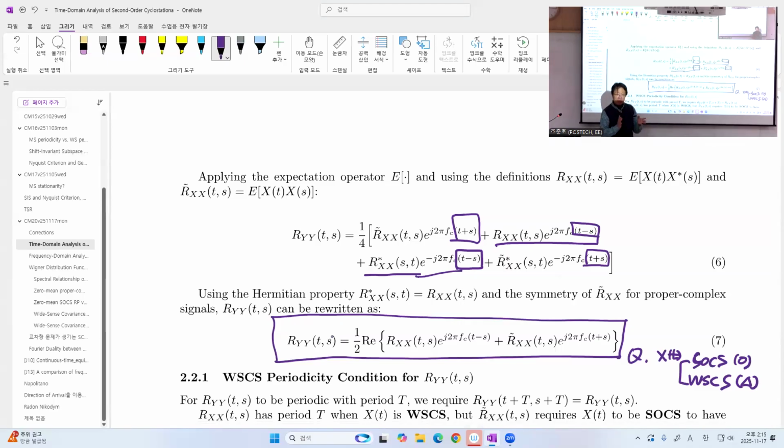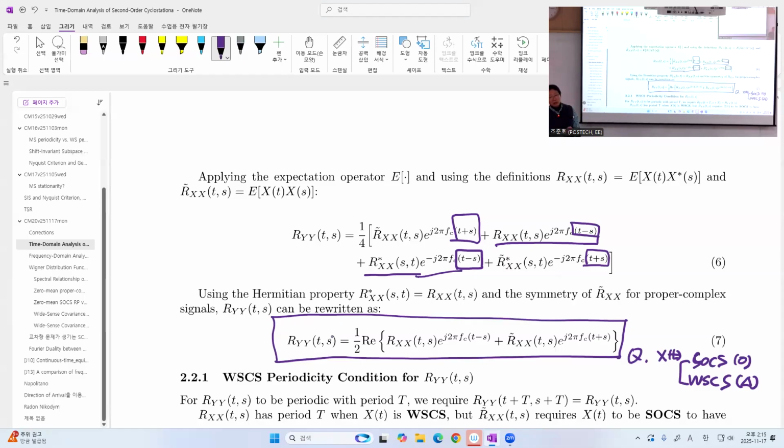And now the question is, under the assumption that this is a periodic function with period T of t minus s, and this is periodic with period T of t minus s, is this periodic with period T in t minus s?